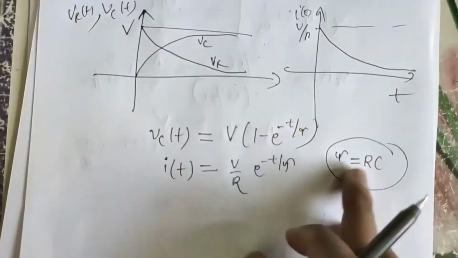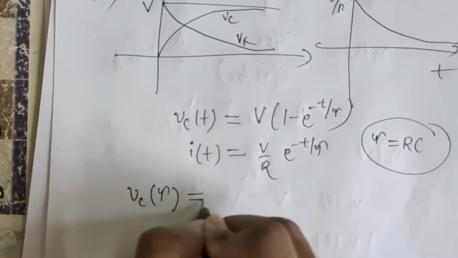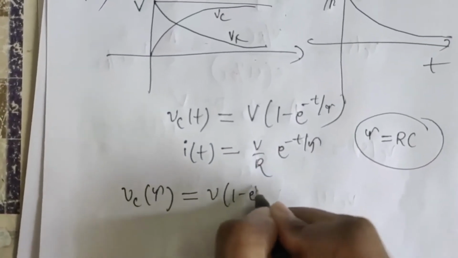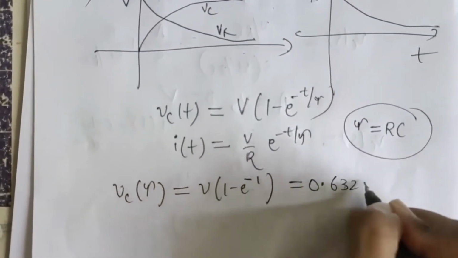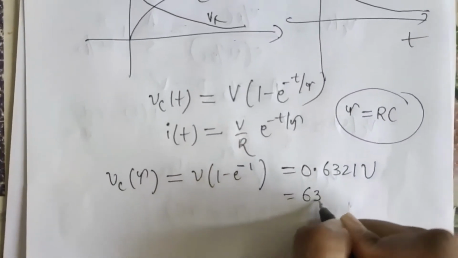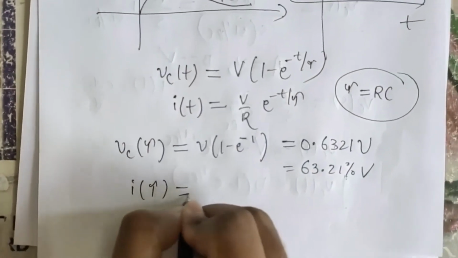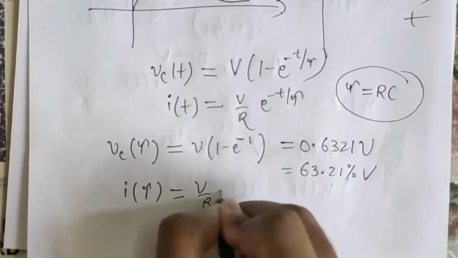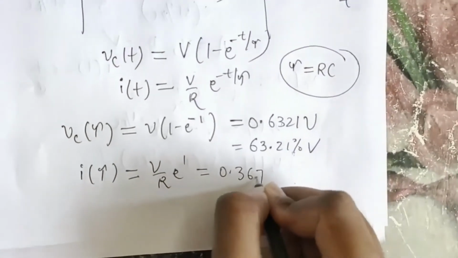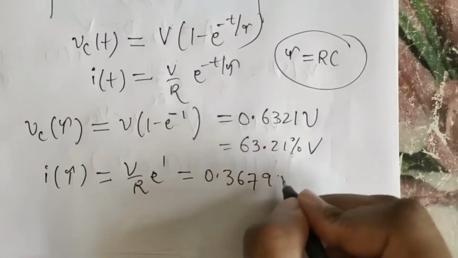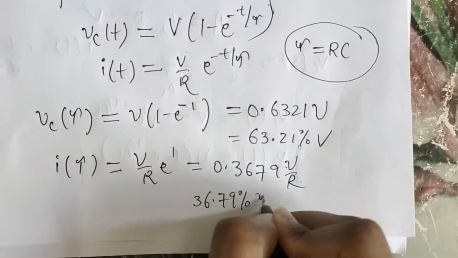If I substitute t equal to tau, Vc of tau is V into 1 minus e power minus 1, which gives 0.6321 into V, which is 63.21% of V. Similarly, I of tau will be V by R into e power minus 1, which gives 0.3679 into V by R, or 36.79% of V by R.